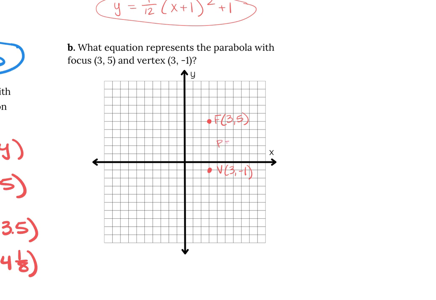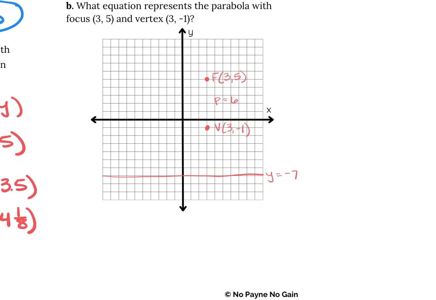My P would be 6, so my directrix would be 6 below the vertex. So at y equals -7. So then I plug that into the equation. My P was 6.